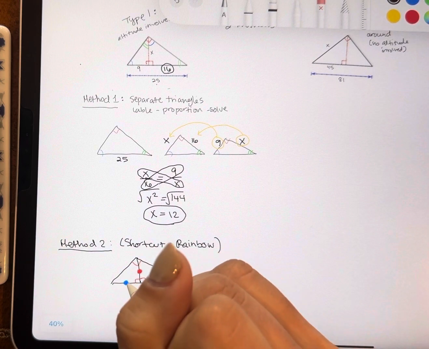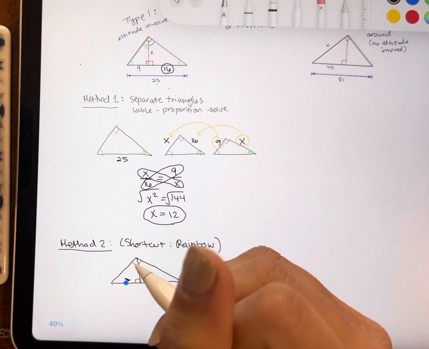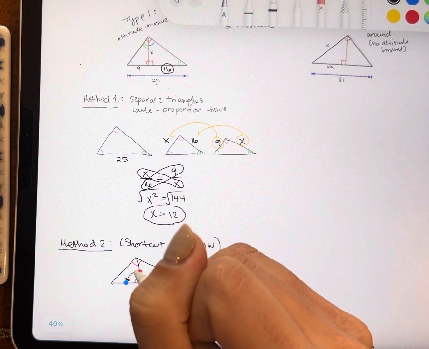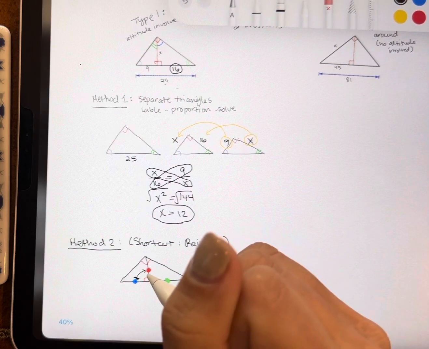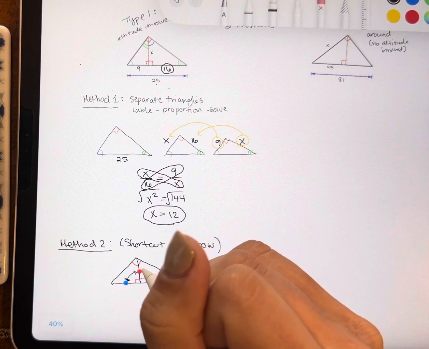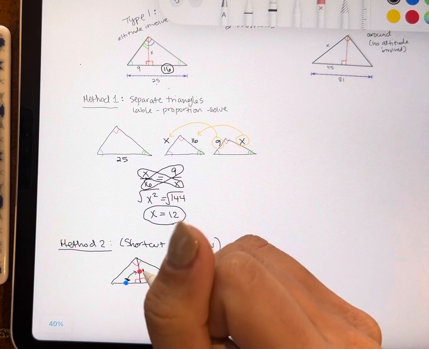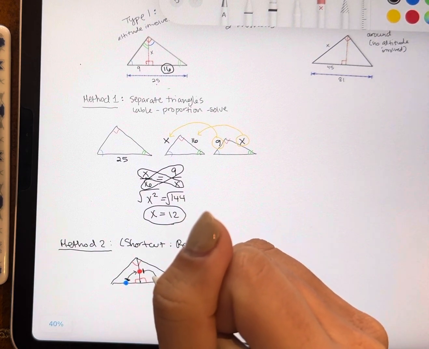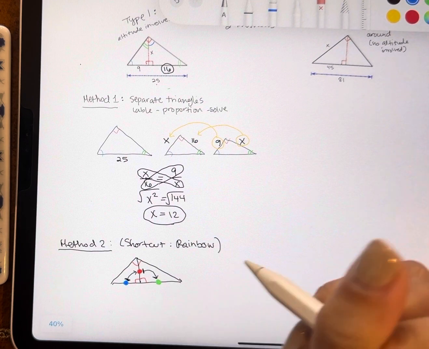So what we're going to do is the rainbow. We're going to go this guy, the blue, over that guy, the red, equals this guy, the red, over this guy, the green. So here's what that'll look like when we set up our proportion.